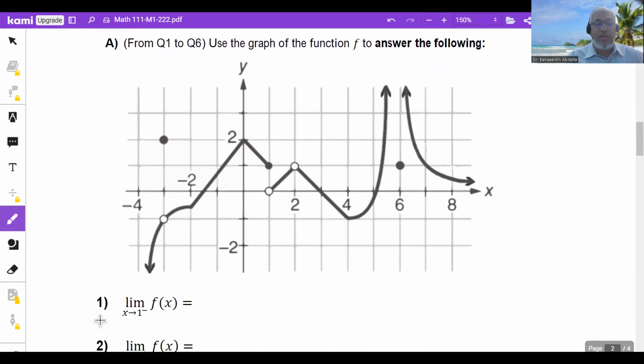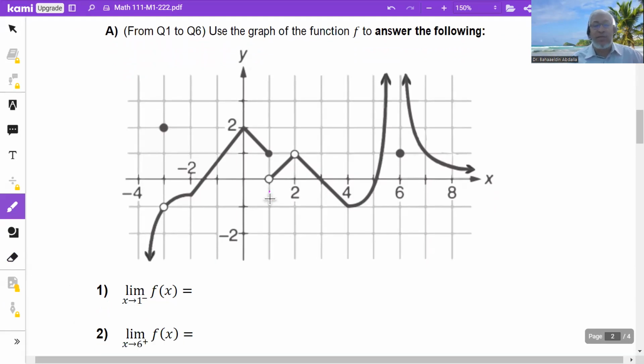So first, what is the limit when x approaches 1 from the left of the function? This is the graph of the function. To find the limit when x approaches 1 from the left, you find 1 on the x-axis, and we need to approach this number from the left. If we are approaching the number on the x-axis from the left, where is the graph?